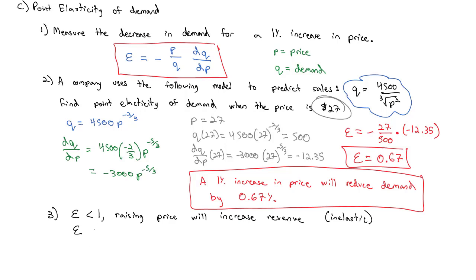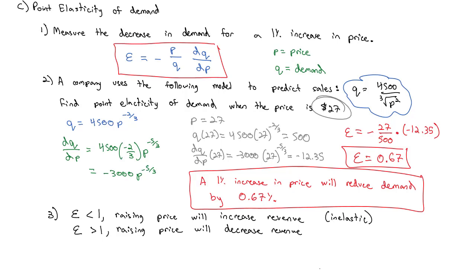If the elasticity, though, is greater than 1, it turns out that raising the price will decrease revenue, because it might have increased the price by 1%, but decreased the demand by 2%.